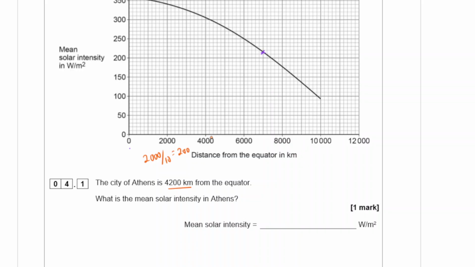So 4,200 is actually going to be at this point. So one box right up there, which is at 300. So the answer is 300 watts per meter squared.